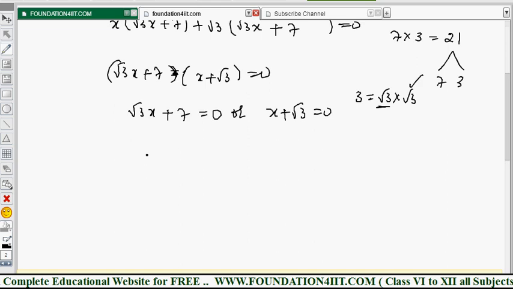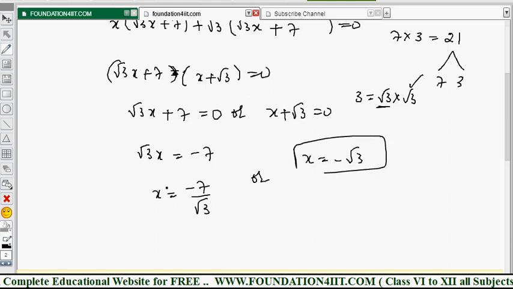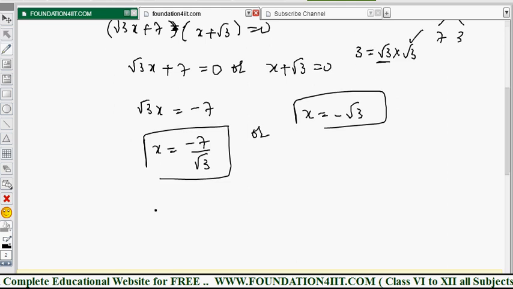Now from these both, root 3x is equal to minus 7, then x is equal to minus 7 by root 3, or x is equal to minus root 3 directly. So x is minus root 3 and the other is x is minus 7 by root 3. These are the both solution set.